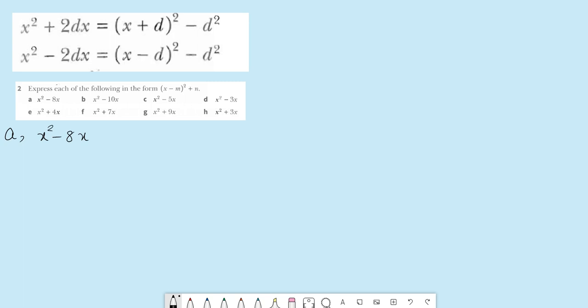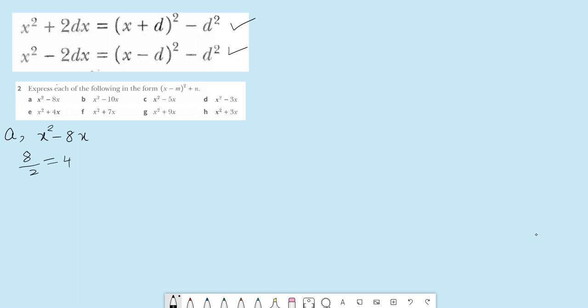So these above formulae, this one and this one. Which result do we have to use? X square minus 2dx, because the sign is minus. But before we apply this formula, first we have to divide the coefficient of x by 2. In this case, the coefficient of x is 8. 8 upon 2 is 4.